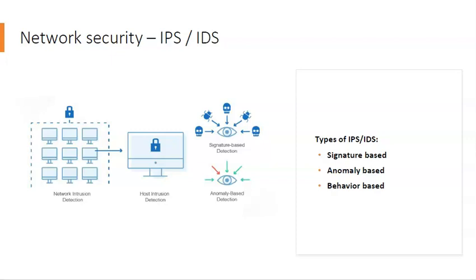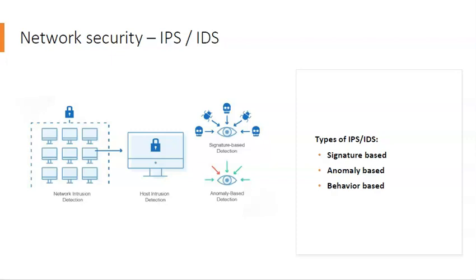Attackers are increasingly aware of this technique and modify their attacks to evade this kind of protection. That's why we can use anomaly based. These anomaly based IPS or IDS create a baseline of the whole network traffic, and then identify anomalies in the traffic patterns and protocols. Also, we can use behavior based IPS and IDS, which monitor for attack behavior using artificial intelligence. We call them expert systems also.